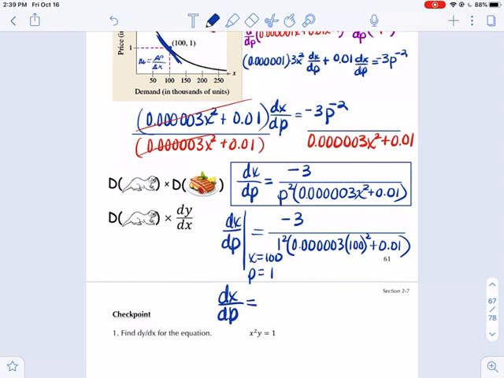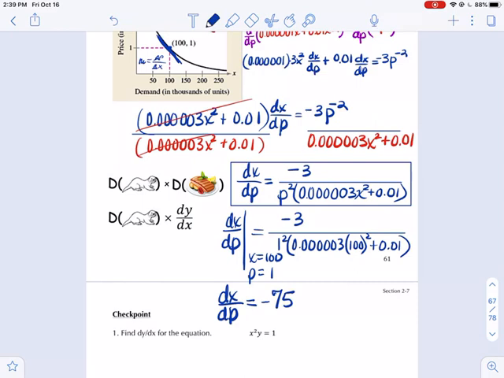And so I have negative 3 divided by 0.00003 times 100 squared, and then plus 0.01. Close that up. And what do I get for an answer? I get negative 75.